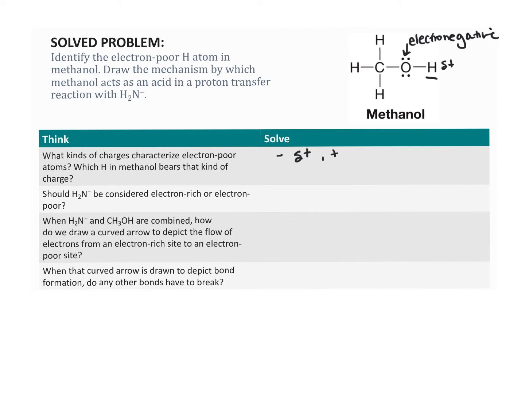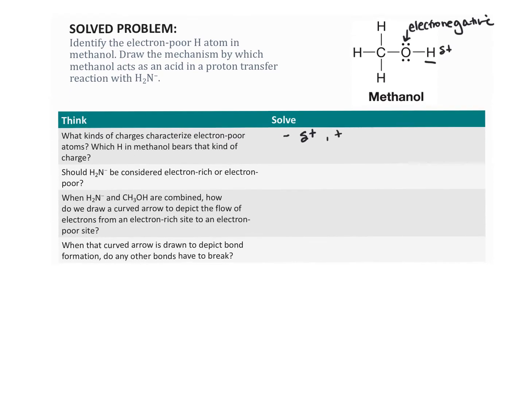So let's look now. We're going to draw the mechanism by which methanol acts as an acid in a proton transfer reaction with H2N-. When we look at methanol, we know that this is the acidic hydrogen. Now we've got to figure out how it's going to react with H2N minus.